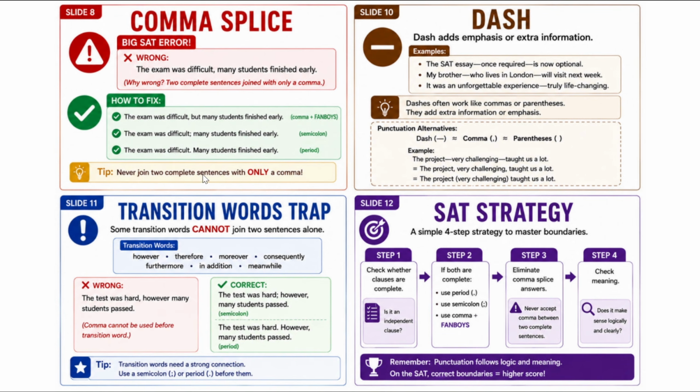How can we fix it? Option 1: use a comma plus FANBOYS. The exam was difficult, but many students finished it early. Option 2: use a semicolon. The exam was difficult; many students finished it early. Option 3: use a period. The exam was difficult. Many students finished it early. Remember this rule: never join two complete sentences with only a comma.